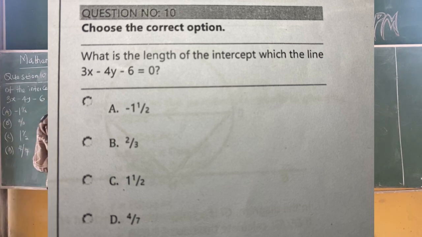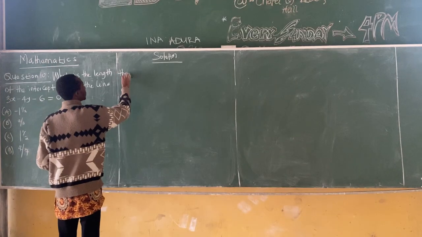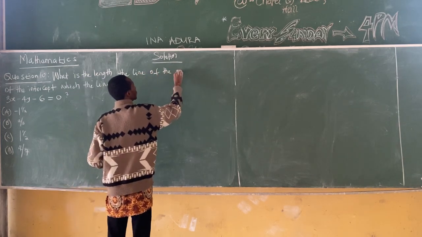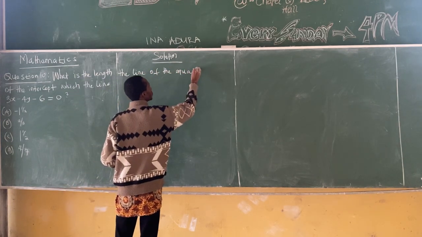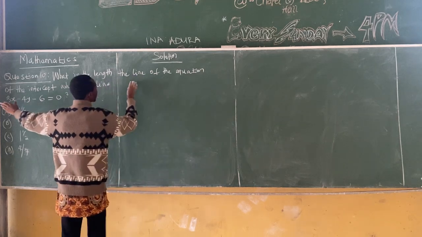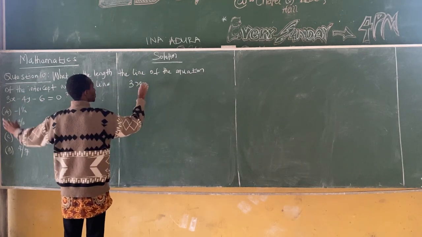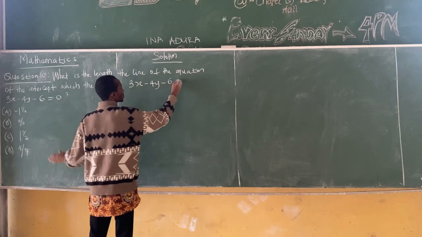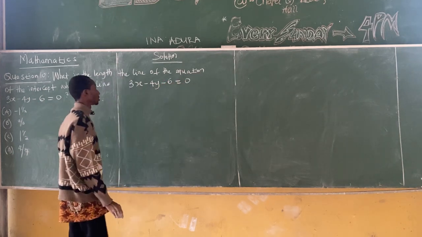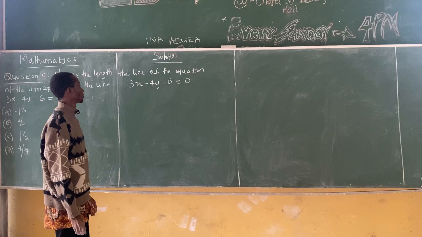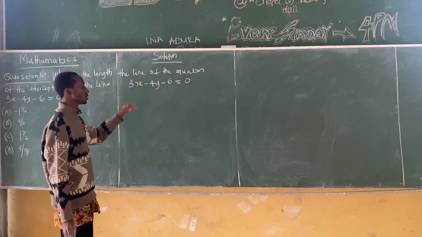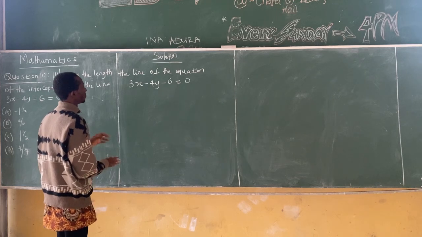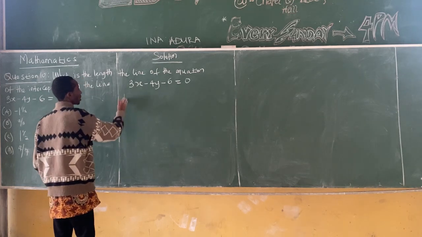We have the line of the equation. The line of the equation is given as what? 3x minus 4y minus 6 is equal to 0. Now I've gotten this. Now let's rewrite this equation.